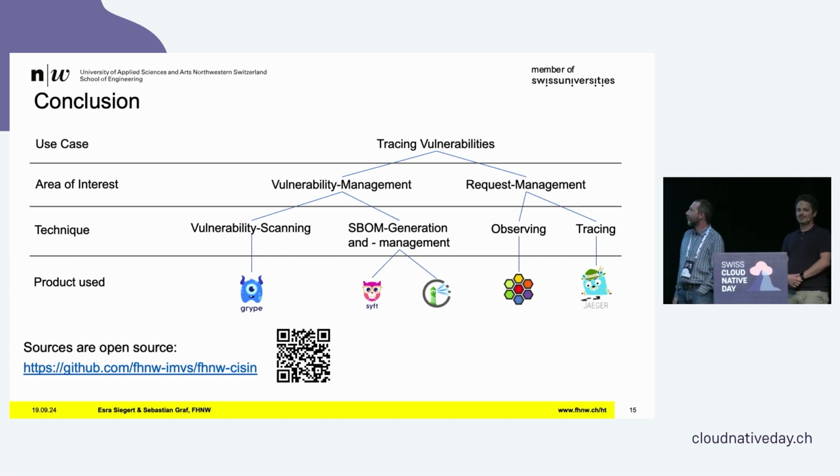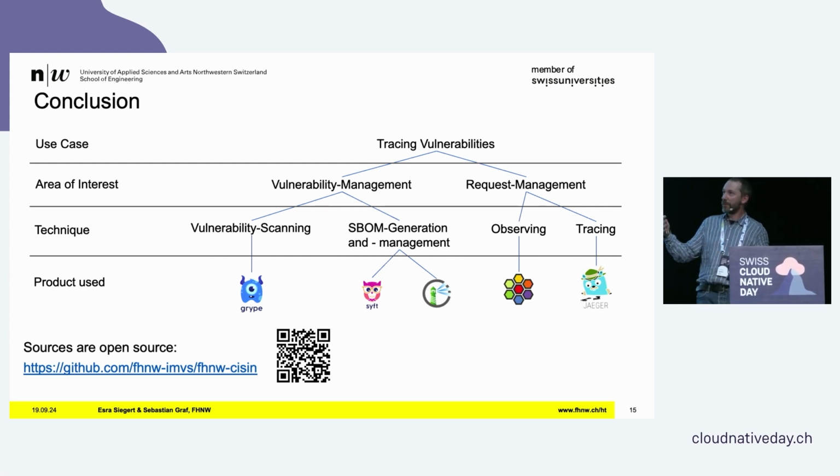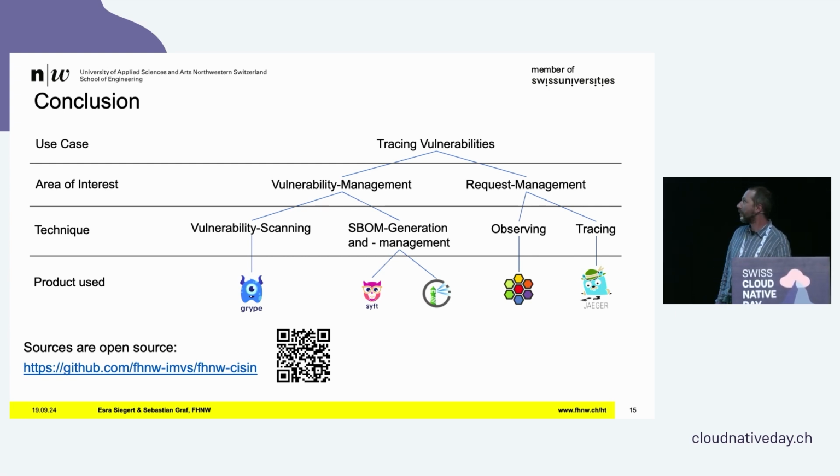As we showed you, we got this use case of tracing vulnerabilities between a legacy world, with a holistic view on the legacy world as well as the cloud native world. On the one hand, we are having this vulnerability management, where we are using Grype for scanning.